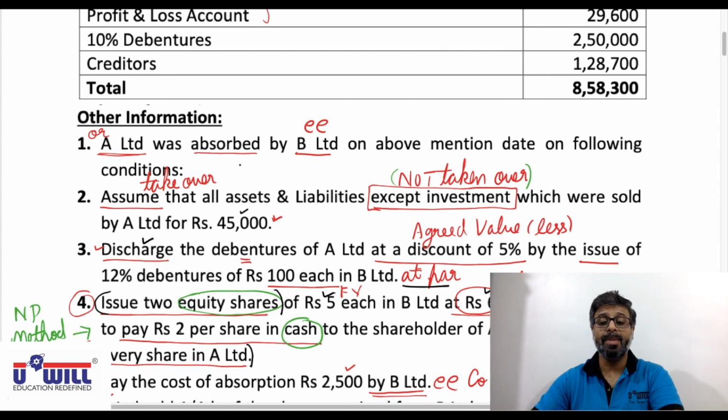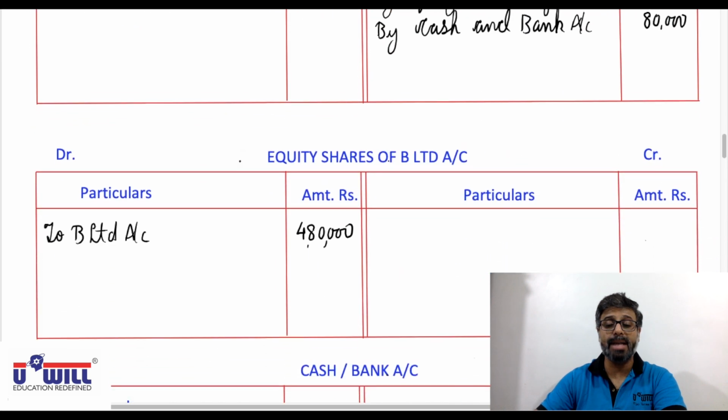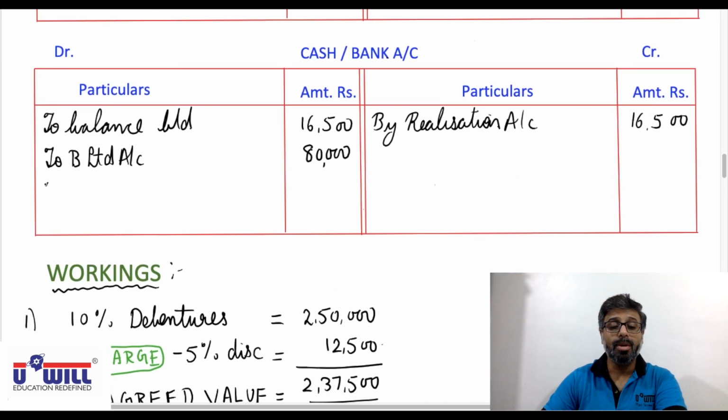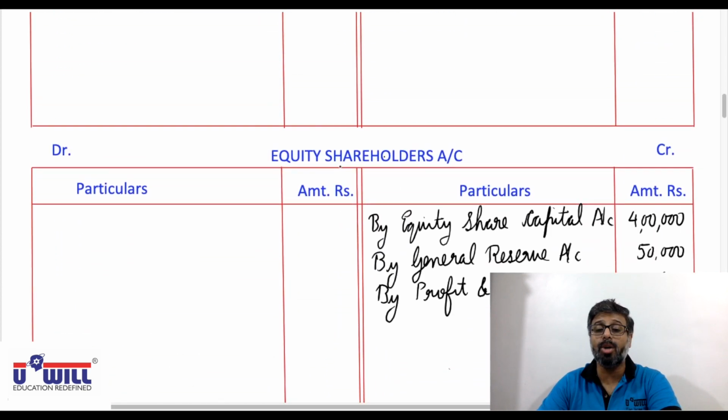I'll explain to you. Cash and bank account debit, so cash and bank on the debit side to realization account 45,000. Directly cash comes in, debit what comes in? Cash and bank account debit 45,000. Investment goes out, credit what goes out.